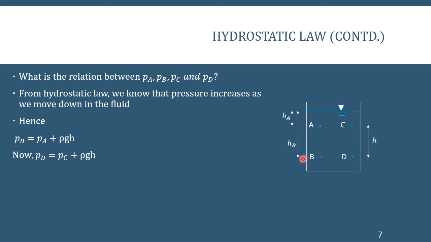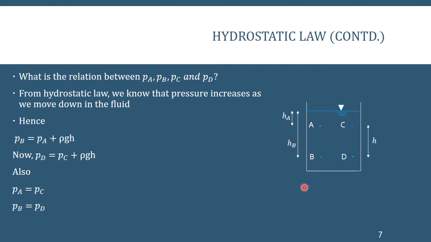But what is the relationship between PB and PD and PA and PC? PA is equal to PC, and why is it? Because A and C lie along the same horizontal line, and when they lie along the same horizontal line, there is no depth difference between them. And when there is no depth difference between them, the pressures at the point A and at the point C will be equal.